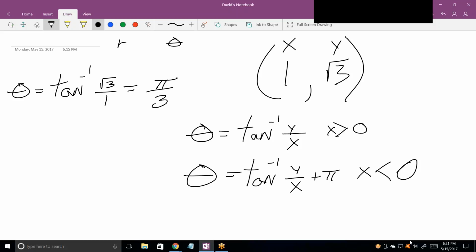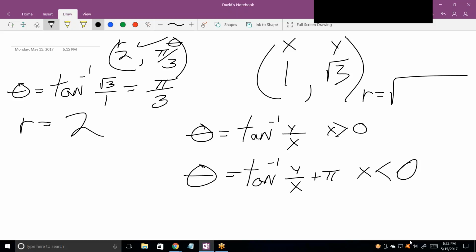And I'm going to get r is positive 2. Right. And that is polar coordinates that plot the same exact point as minus 2, comma, 4 pi over 3. So this really is the answer, and the way we got it was doing it how I was thrown for a loop because of r, but r is the positive square root also.